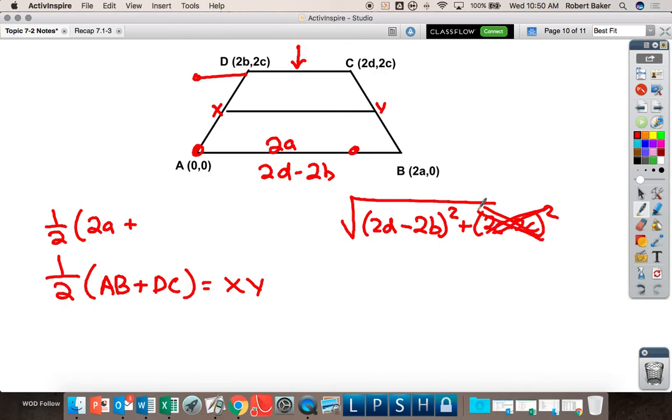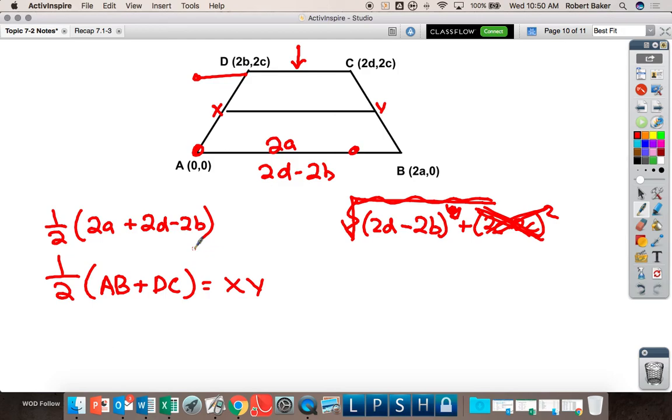That becomes irrelevant. Now, what is the square root of this quantity squared? It's 2D's minus 2B. This square root and this squared cancel each other out. So DC is the length 2D minus 2B.